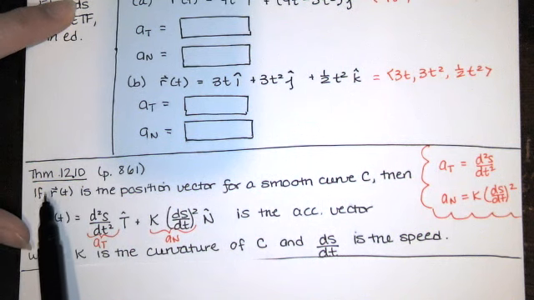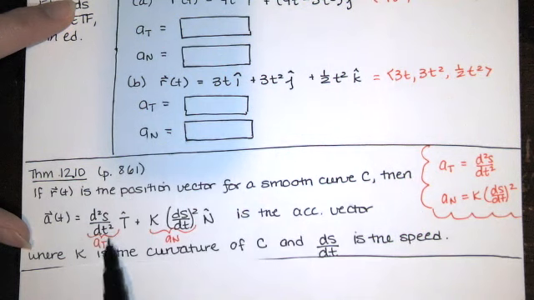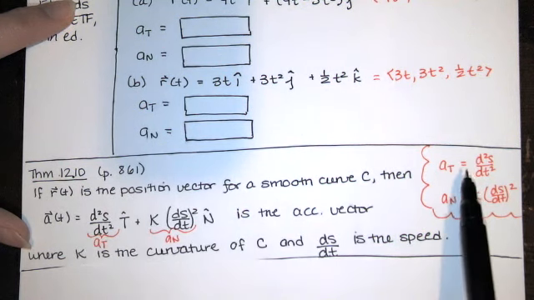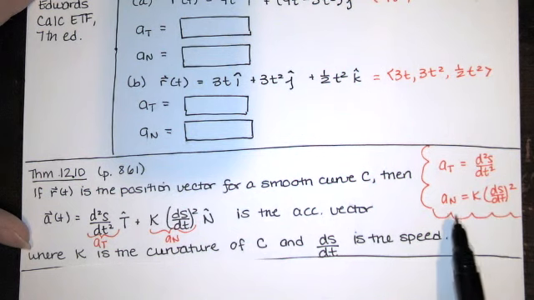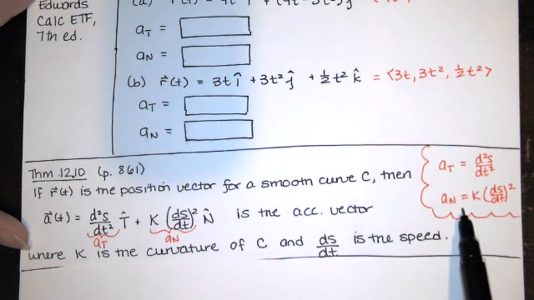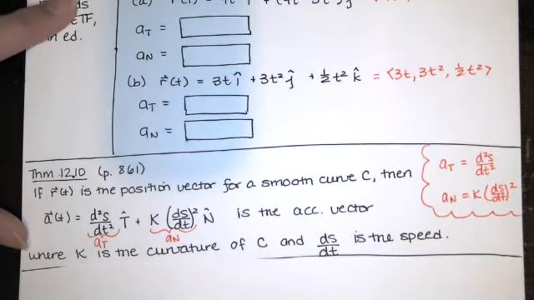So what they're asking you to do when they ask you to use theorem 12.10 to find these is to use this as your formula for a sub t. So that's the second derivative of position with respect to time. And they want you to use this for your formula for a sub n, the normal component of acceleration. That's curvature times the derivative of position with respect to time, or not position, I'm sorry, length or distance traveled along the curve with respect to time, squared.